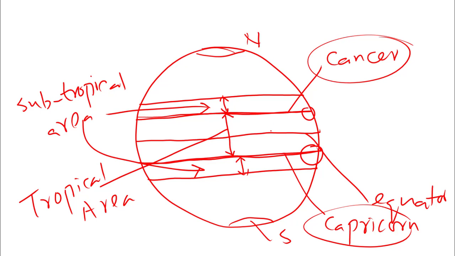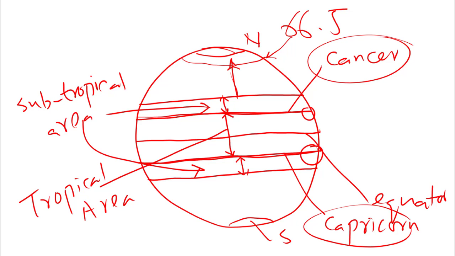We are discussing this to find out the temperate zone. So this is the temperate zone. It extends from about 35 degrees to about 66 or 66.5 degrees, where the polar region starts. So say this is 66.5 degrees.